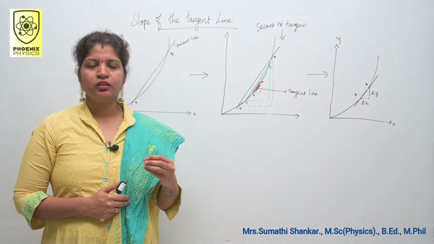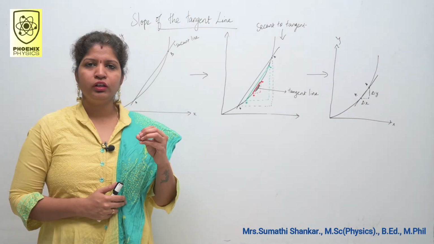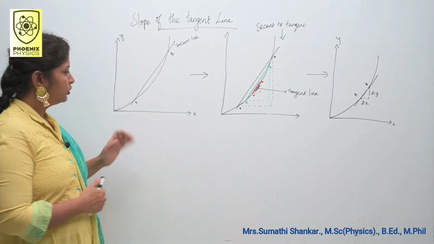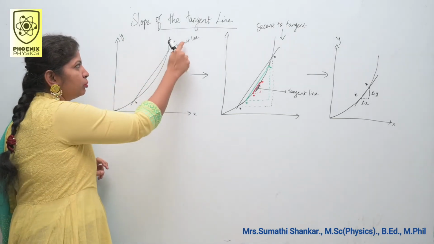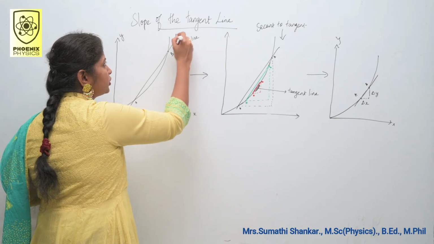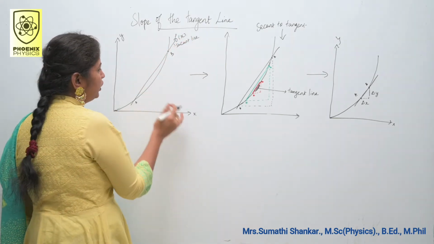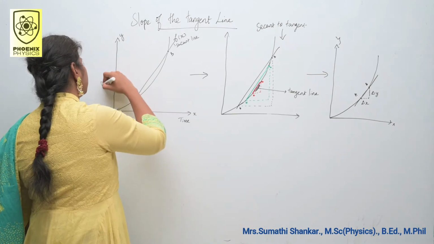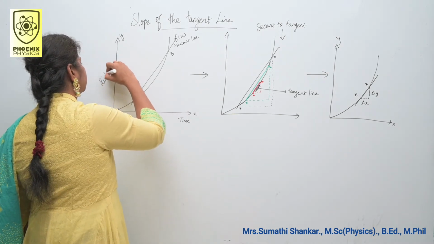Next we will discuss how to find out the slope of the tangent line. Look at this graph. This curve is my f of x. f of x is nothing but a function. In the x-axis you take time, in the y-axis you take displacement.